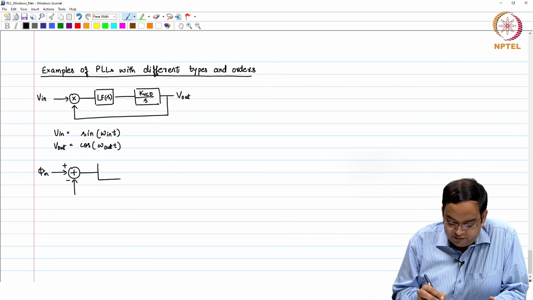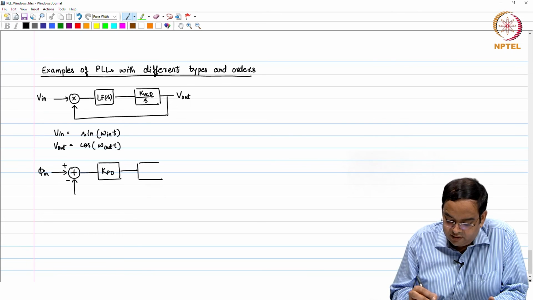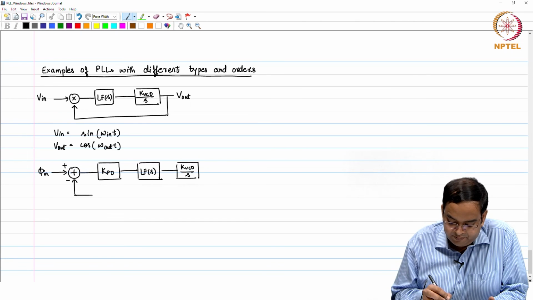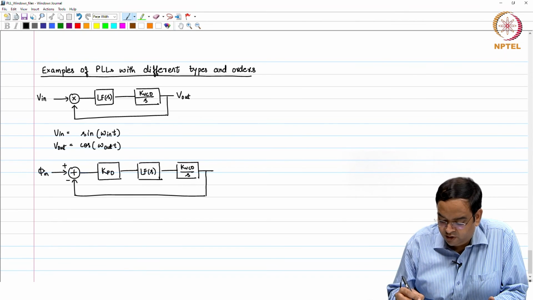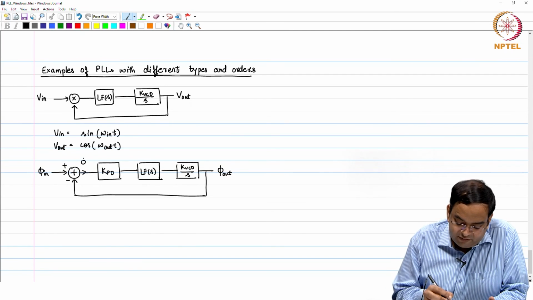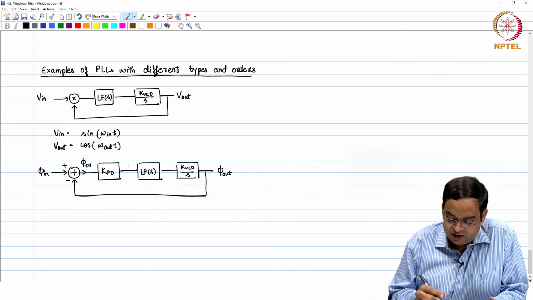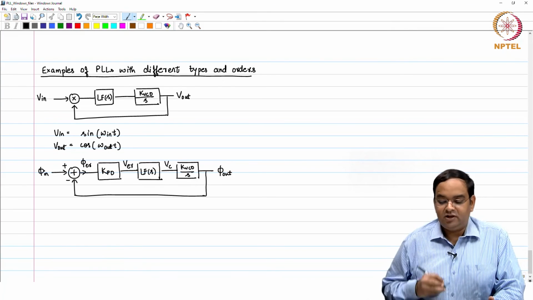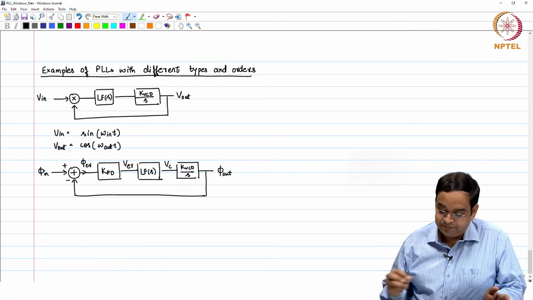The gain of the phase error detector is KPD, followed by loop filter LF of S, which is followed by VCO with gain K VCO over S. This is the small signal model of the PLL. This is phi out. Here you are going to get phi error. Output of the phase error detector is voltage. We call this V error. Output of the loop filter is control voltage, that is VC.